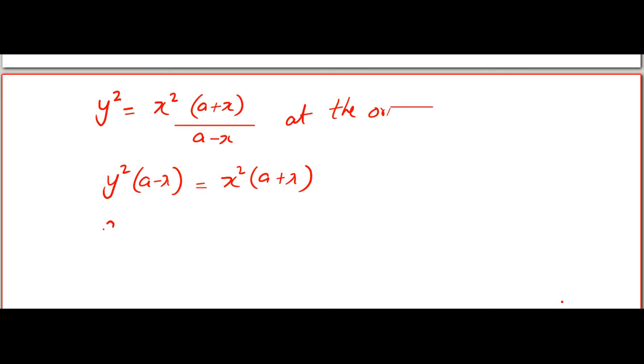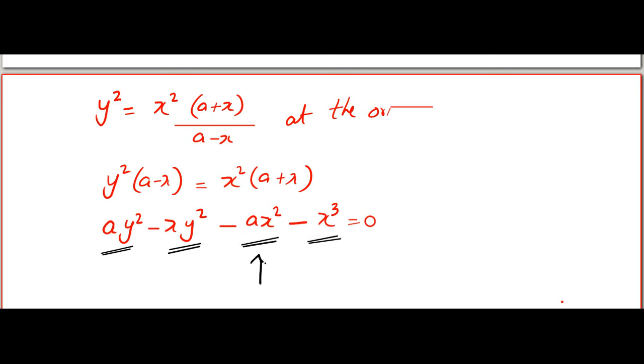So I get a y squared minus x y squared minus a x square minus x cube equal to 0. So you can see degree 2, degree 3, degree 2, degree 3. So we will equate degree 2 terms to 0.